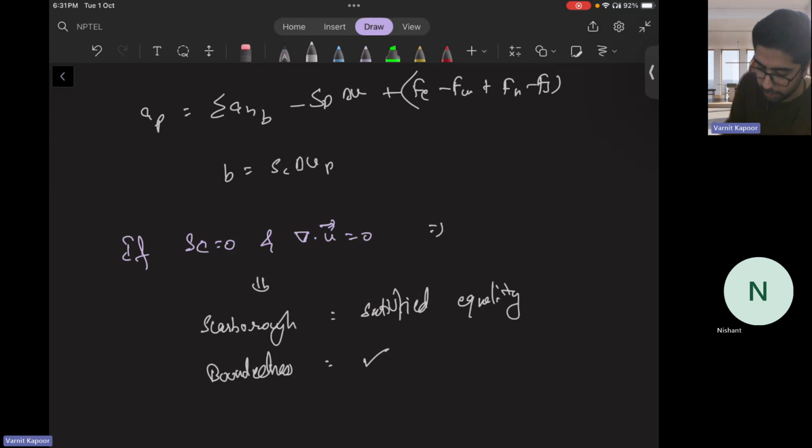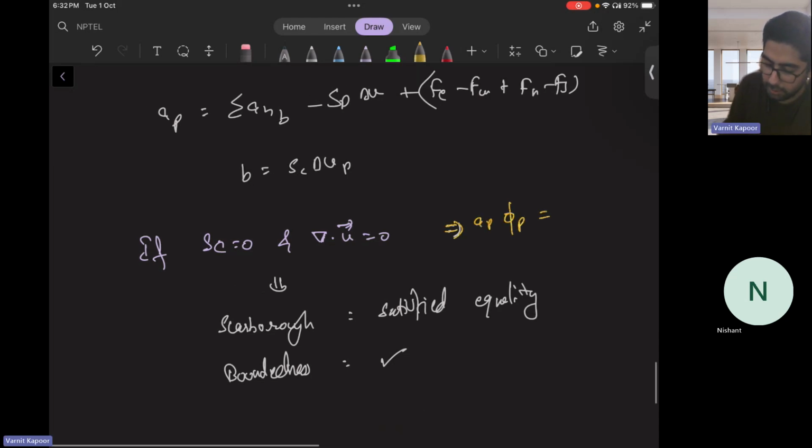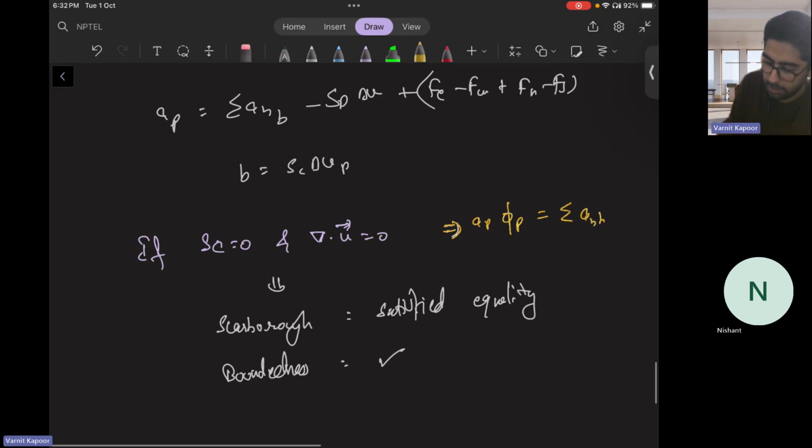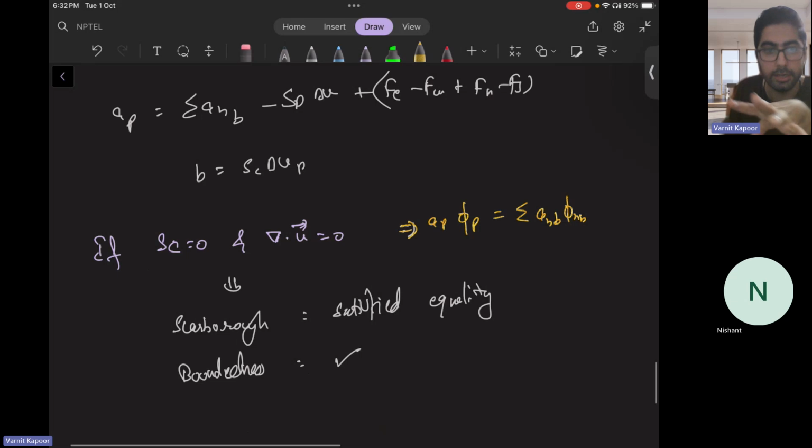Okay, because your AP will be now the summation of only A and B. AP phi P is nothing but the summation of A and B phi. The boundedness is also guaranteed.